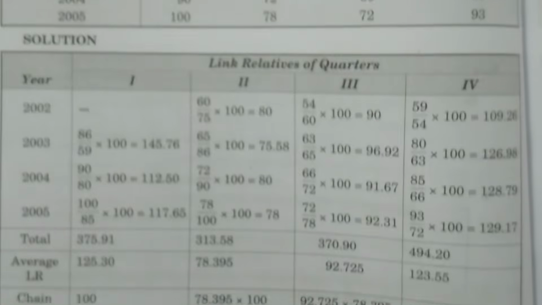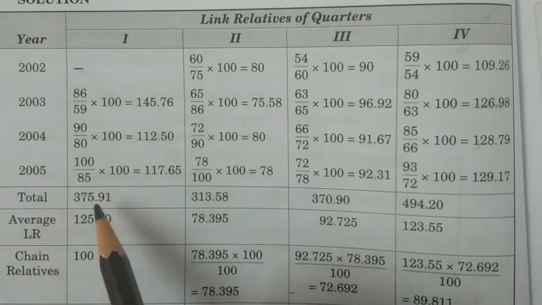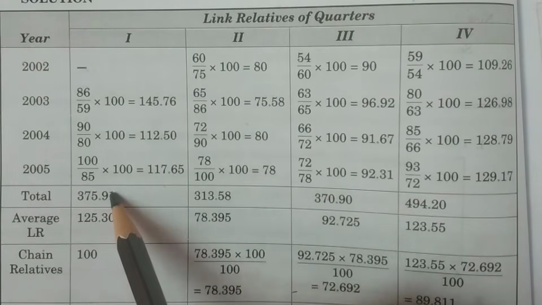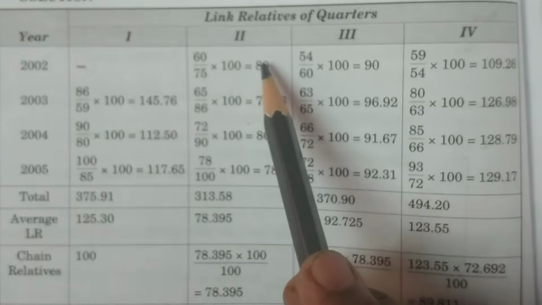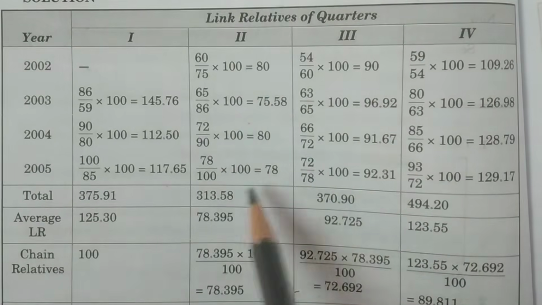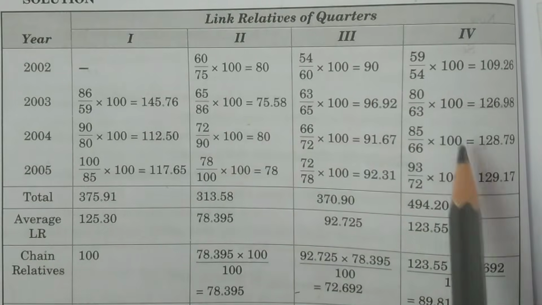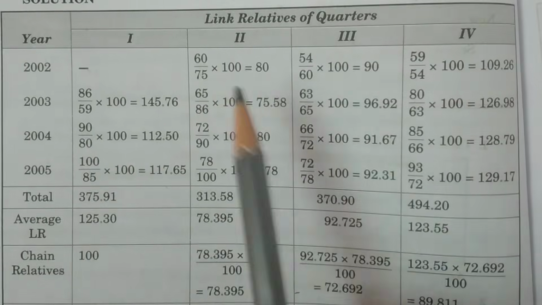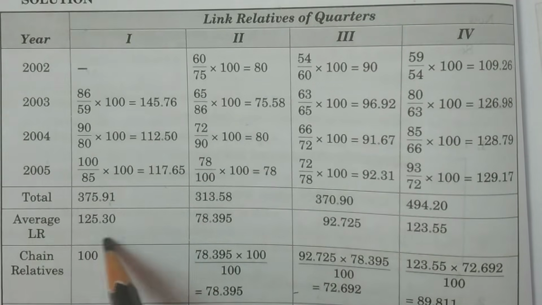Is it clear now? Thereafter, you have to calculate the total of LR. Add these 3; for the remaining quarters you will have four LRs, add them. Similarly for all seasons, add the LRs and you will get the total, divided by the count to get the average LR.